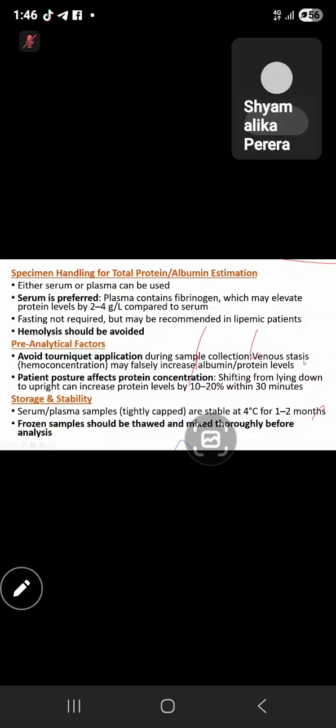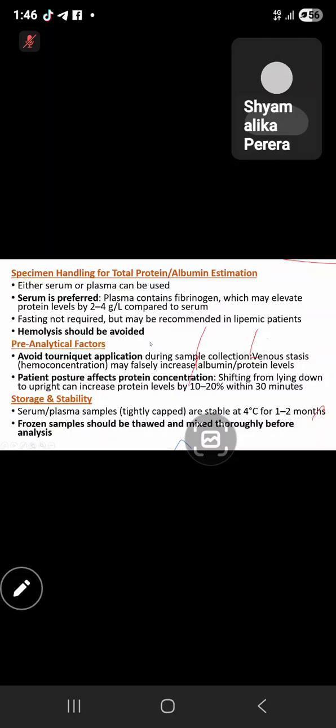That is very important, because we are taking the readings at 540, and at 540 there's a similar peak of hemoglobin. The peptide bond-copper complex and hemoglobin give the same absorbance peak. That's why we highly recommend a hemolysis-free sample for protein assays.